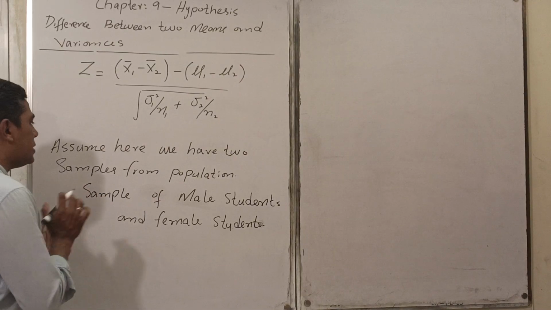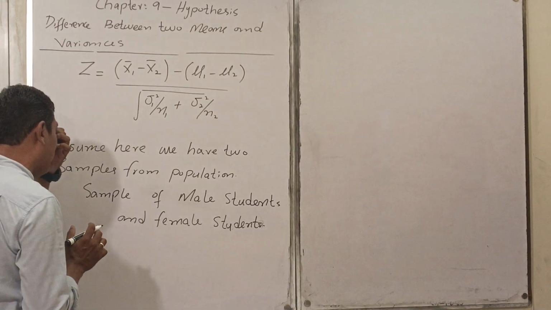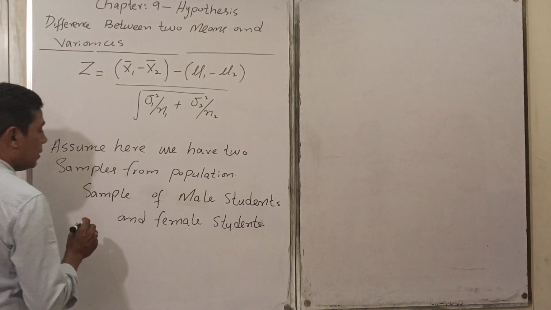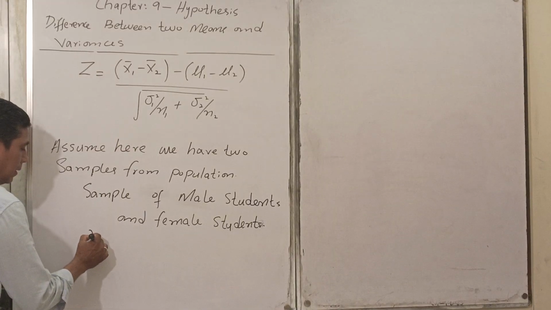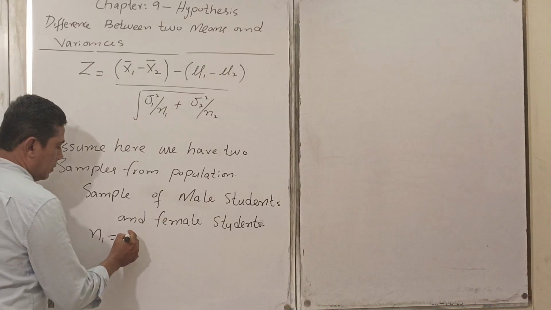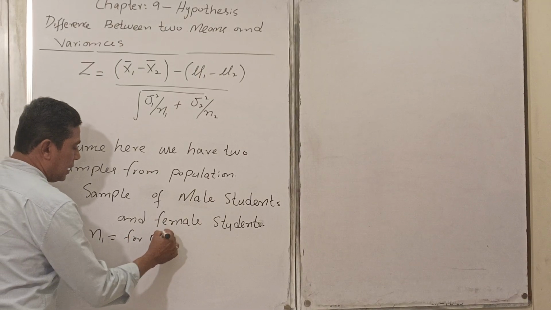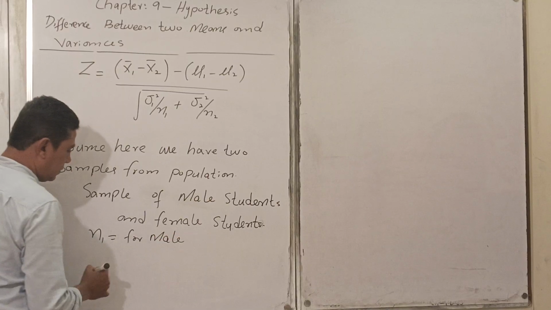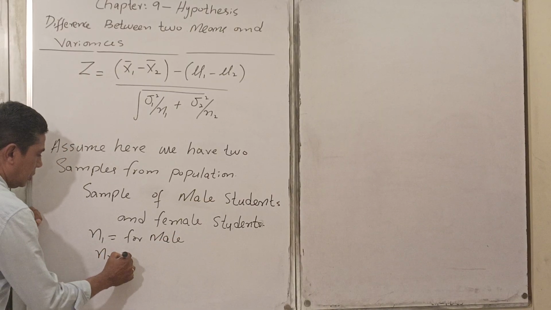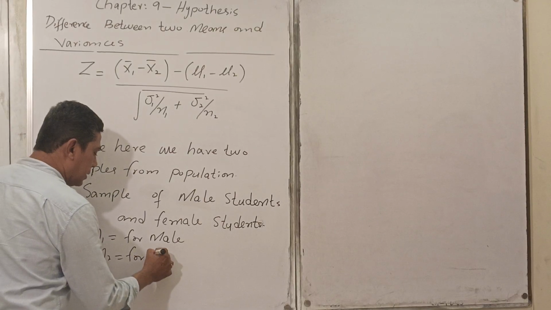And we assume here the total size of sample is n1 for, let's say, male students, similarly n2 for female students.